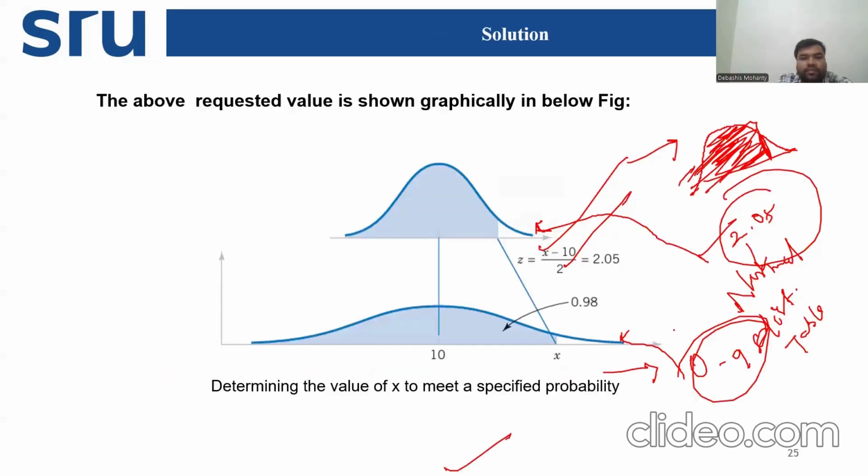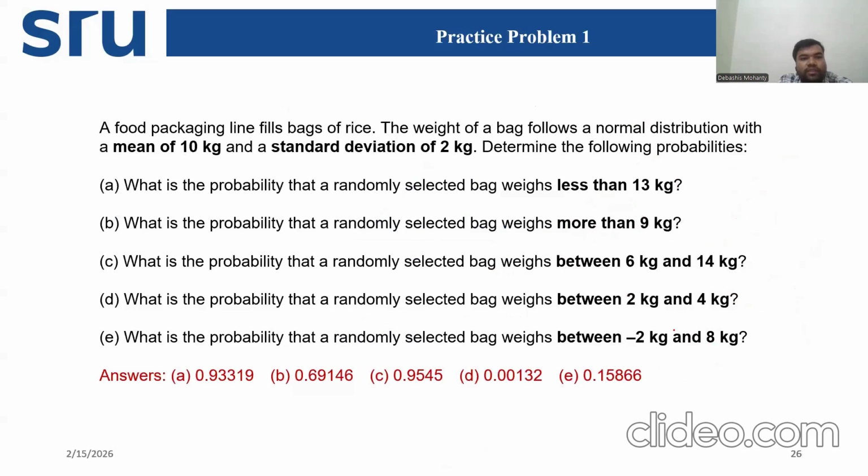Okay, students. After all these things, we have some practice problems. Try to read this question carefully. A food packaging line fills bags of rice, and the weight of the bag follows a normal distribution with a mean of 10 kg and a standard deviation of 2 kg.